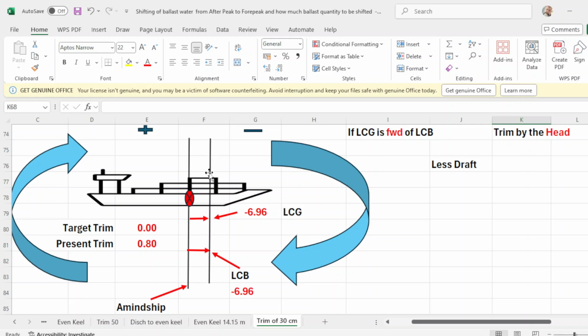This will be your LCB, and this will also be your LCG because you are vertically aligned. That's why you are on even keel.